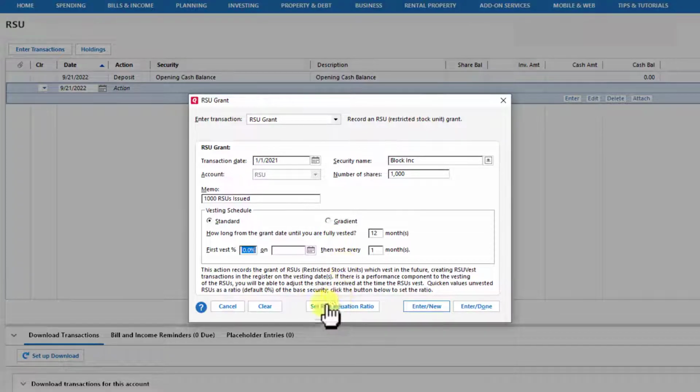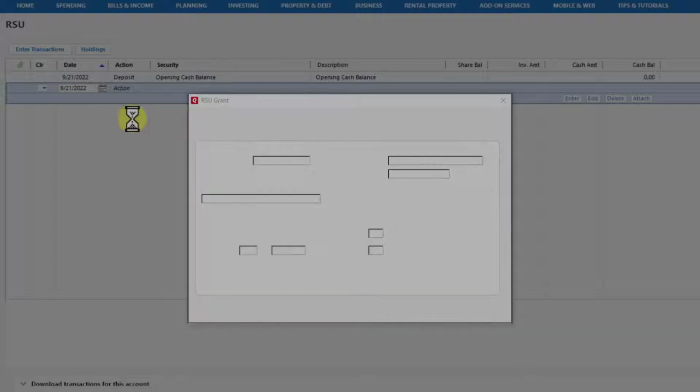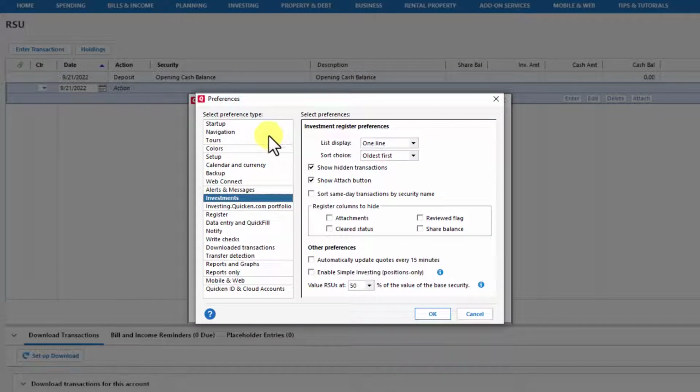Another option that we have is to set the RSU valuation. This is a feature in Quicken, which I think is very clever. It basically assigns a value to the RSUs. Remember, RSUs are actually worth nothing when they are issued. So you have to either be employed or reach a milestone before you get the securities. So they may not be worth anything.